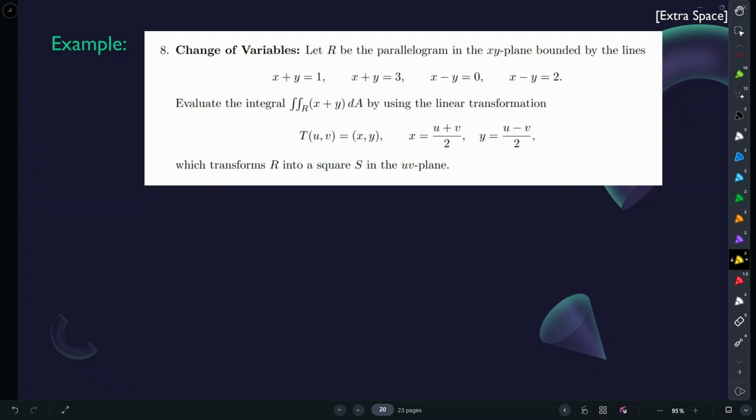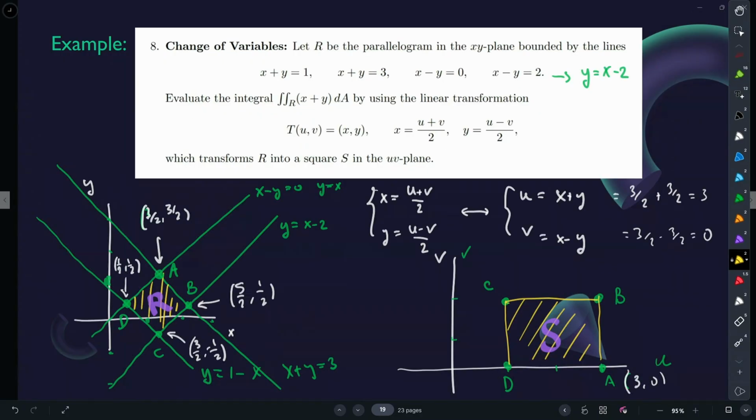How do you know those bounds? You said from the statement. Yeah. How am I going to know that I have to integrate in u between 1 and 3? That's the problem. At the very least you need to know the possible bounds.